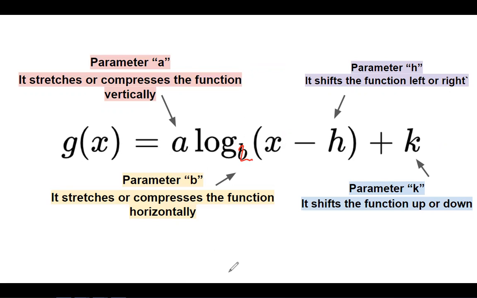So our parameters still apply. Parameter H still moves our function left and right. Our parameter K is going to move it up and down. And our parameter A is going to compress or stretch it vertically, and parameter B horizontally. However, we're going to keep it at 2, like I said.